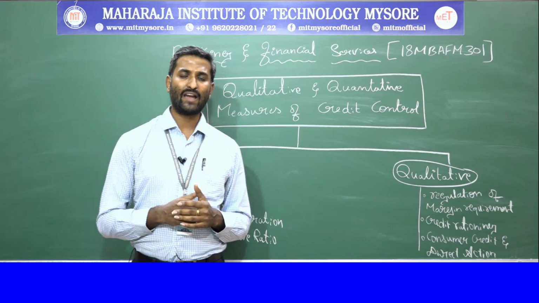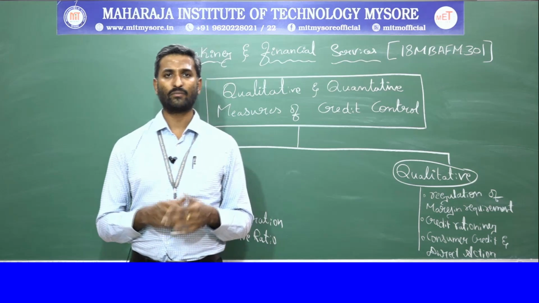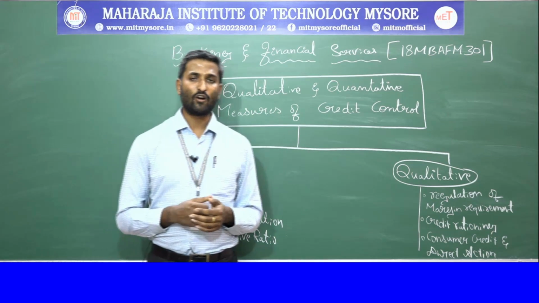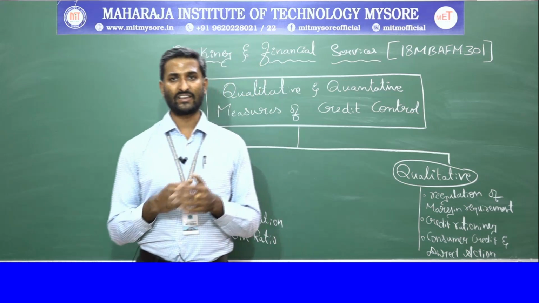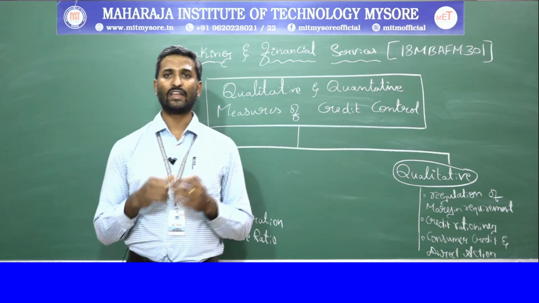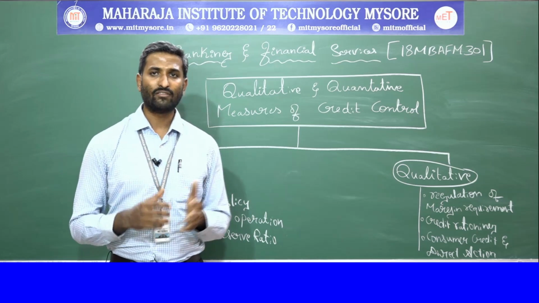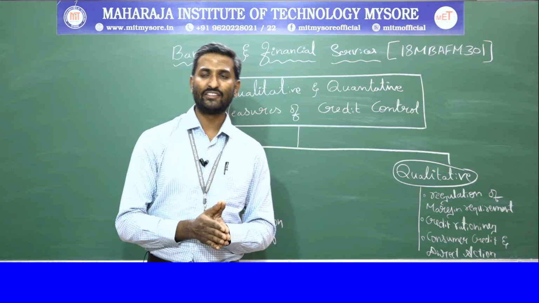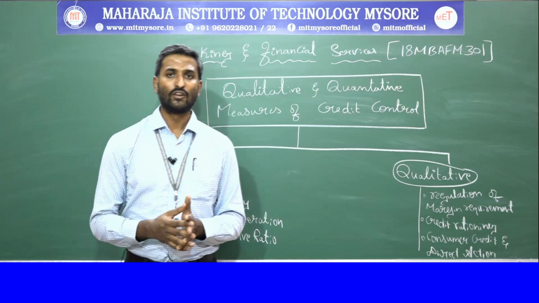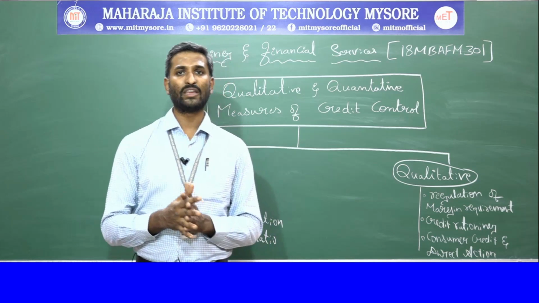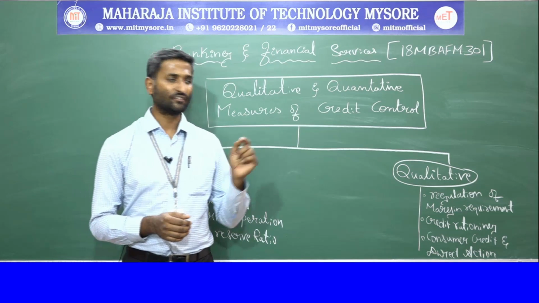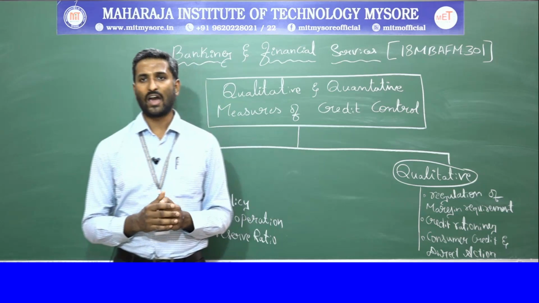As you know, the RBI is the major central bank, and it gives authorized and directive measures and regulates the banks. So whatever securities are considered by the commercial banks, those securities are evaluated and the margin is fixed by the RBI.